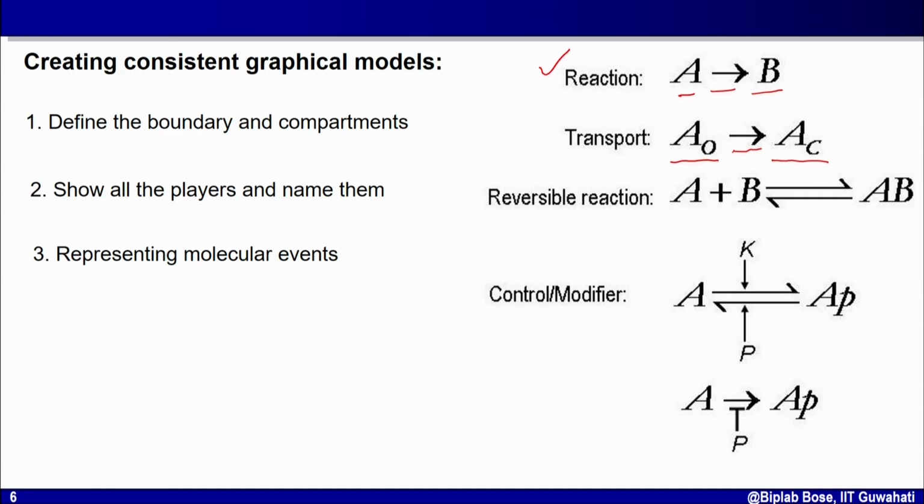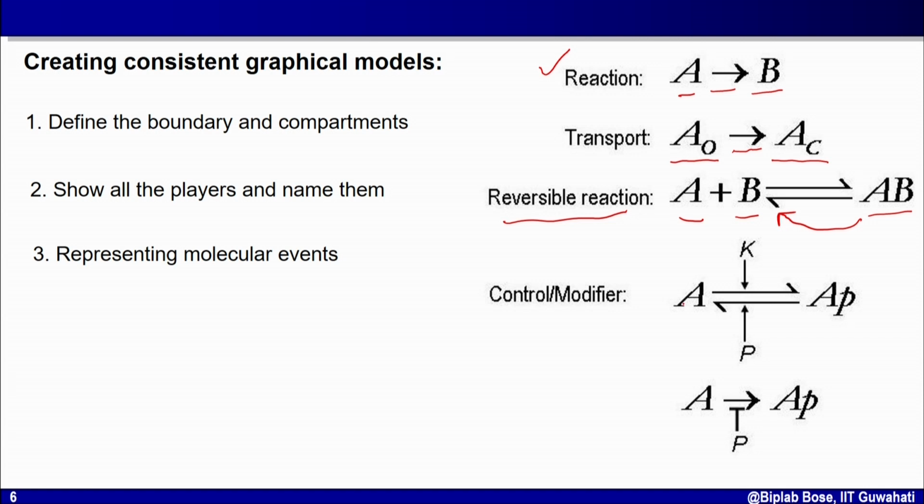Many chemical reactions in biological systems will actually be reversible reactions, the way I have shown here. A plus B making a complex AB, and it's reversible. That means A plus B will form AB, and also AB will break down into A plus B. As you know, many reactions in biology are enzyme catalyzed.